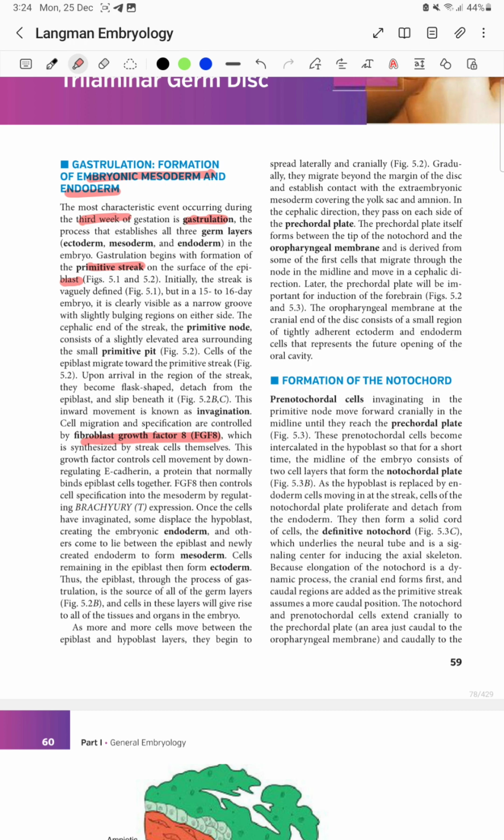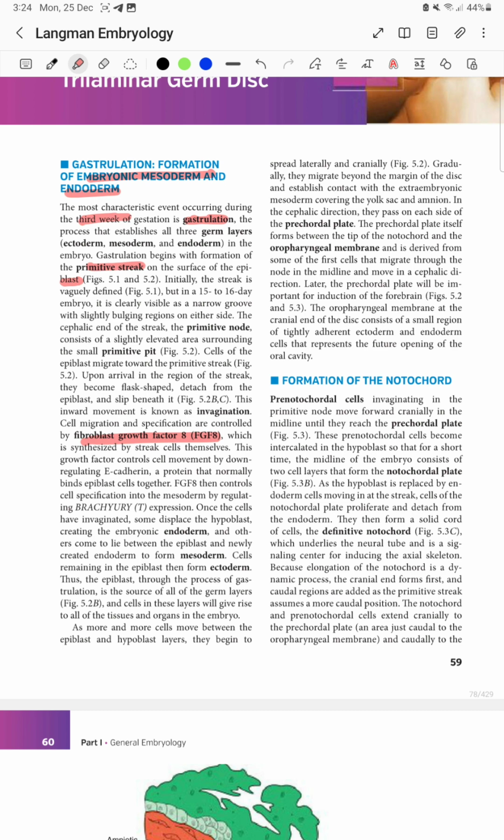This growth factor controls cell movement by downregulating E-cadherin, a protein that normally binds epiblast cells together. So this growth factor acts upon E-cadherin, which binds these epiblast cells together.